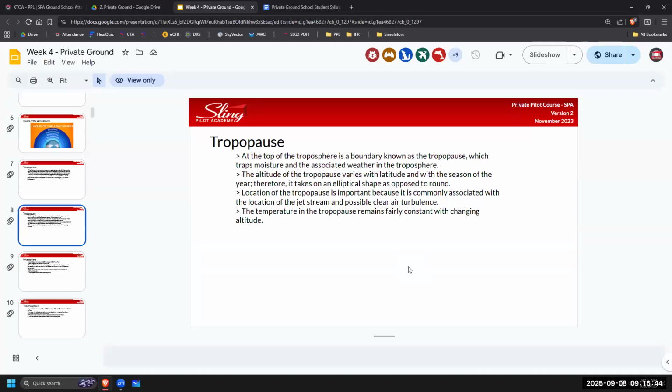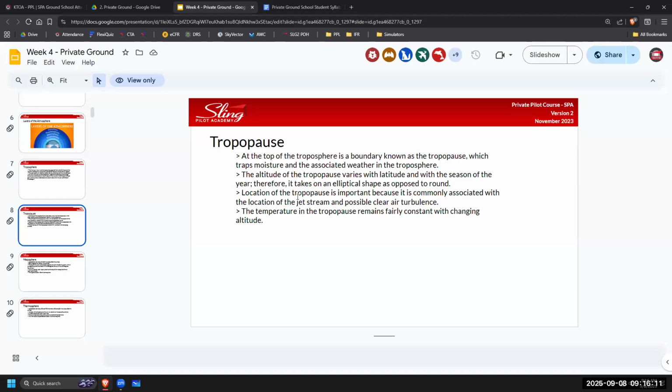It has an elliptical shape as opposed to a round shape because we're a sphere, and that means at the equator we have a greater circumference than at the top of the Earth. And the location of the tropopause is important because it's associated with the jet streams. Okay, we know what a jet stream is, the fast-moving circulatory air.